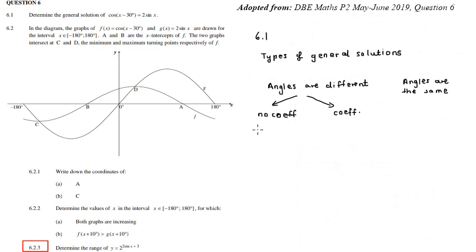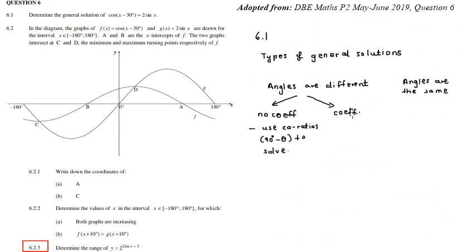If you don't have a coefficient, the strategy is to use co-functions or co-ratios, which is your 90 degrees minus theta, to solve the general solution. And usually we say that you should just change any trig ratios into cos. So if you have sine, just change it into cos.